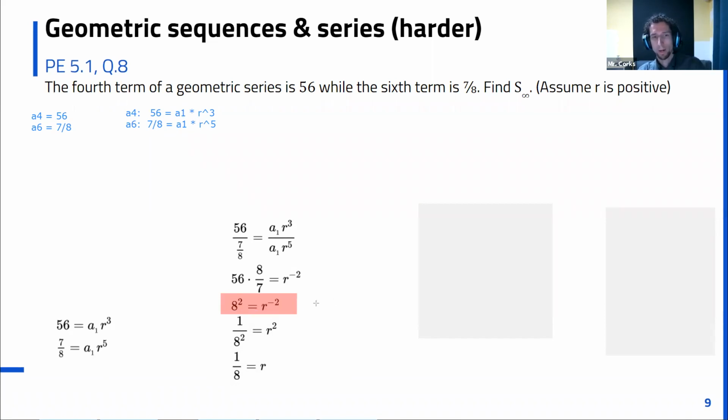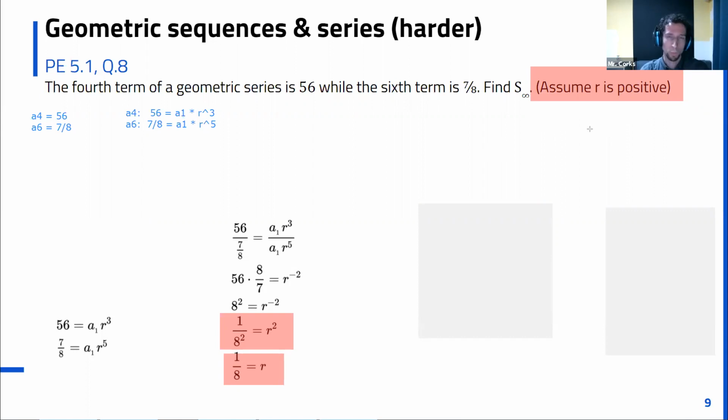We have 8 squared, and then we have a negative exponent. So just flip both sides and then take the square root of each side, and we get 1/8. This is why I was saying assume R is positive. Otherwise, we could have two possible values for R here.